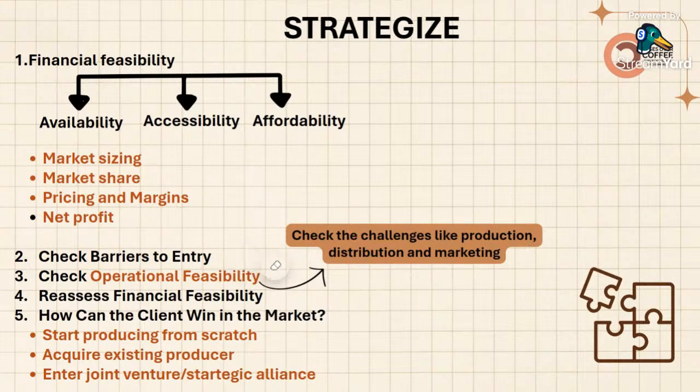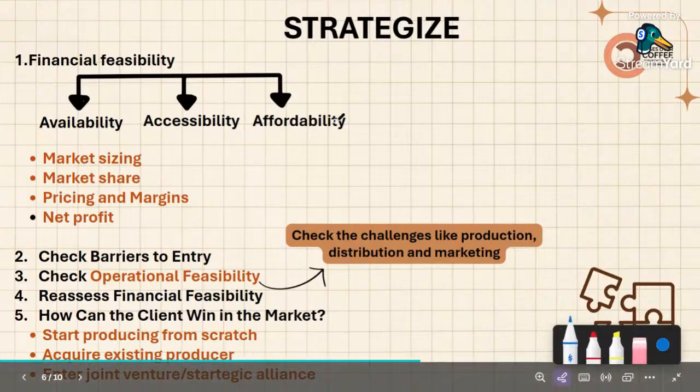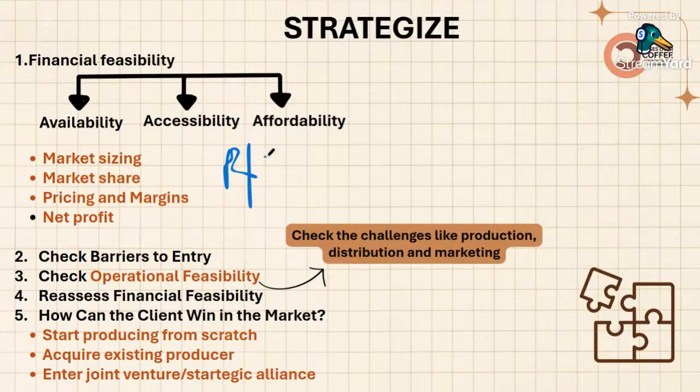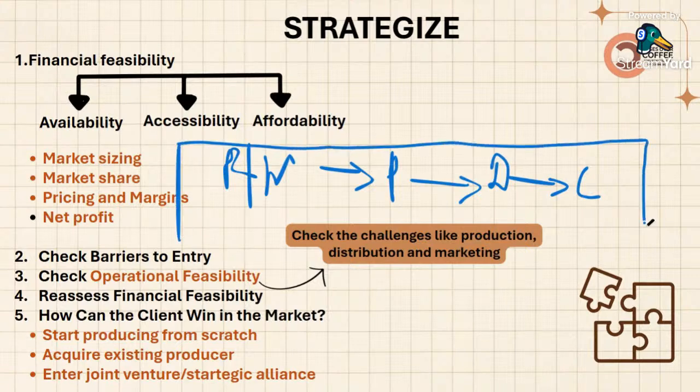Once we are done with that, we check for the operational feasibility, whether the things that I mentioned, like the raw material, the production, then the distribution, and then the customer, are financially and operationally feasible or not.